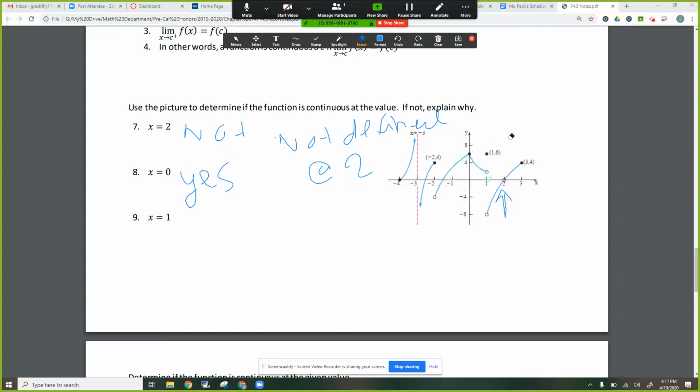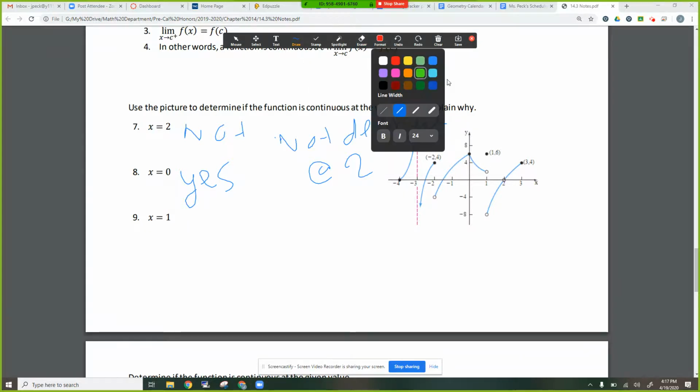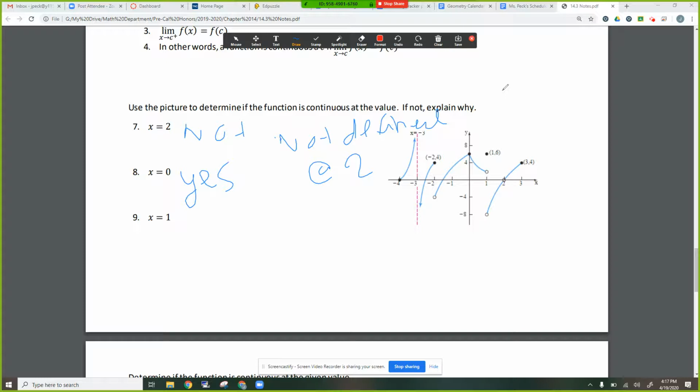So in the next example, we're looking at x equals 1. Let me try changing the color here. So if we look at positive 1, it is defined. If you look right here at positive 1, we have a dot at positive 6. So f of 1 is positive 6.